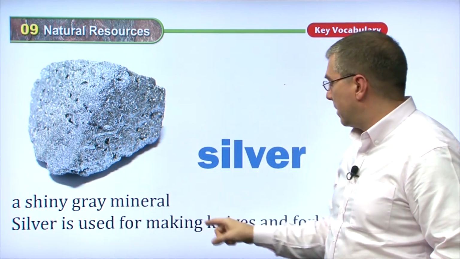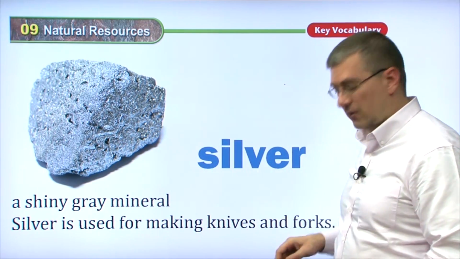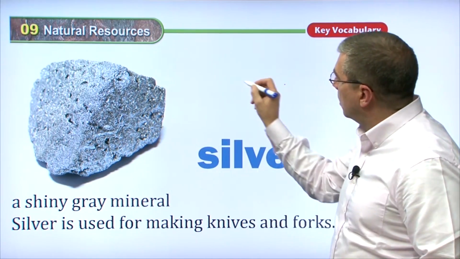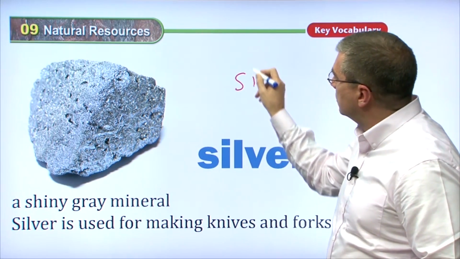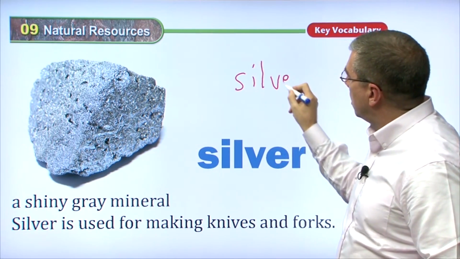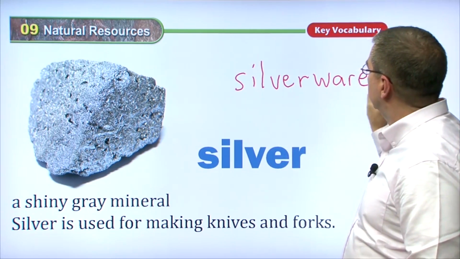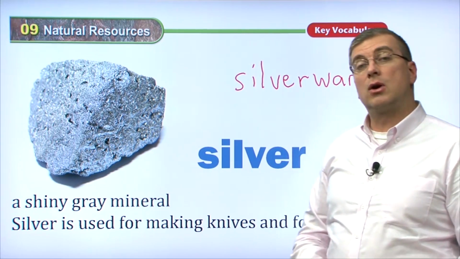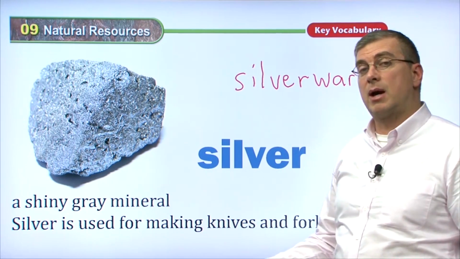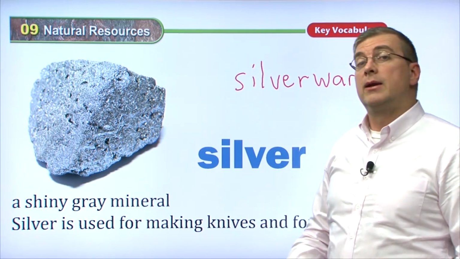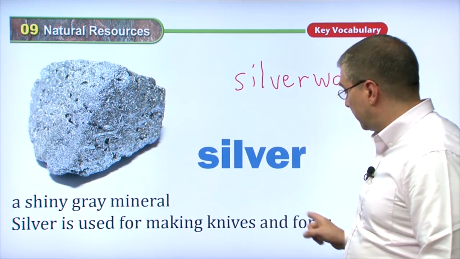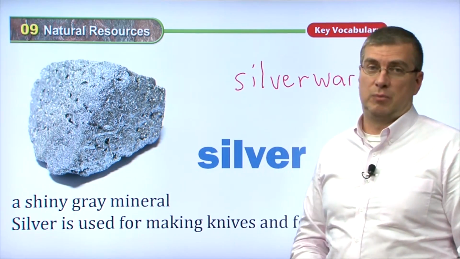Silver is used for making knives and forks. In fact, we have a word in English that we usually use to talk about that, and we call it silverware. Silverware, if you go to somebody's house and they talk about where is the silverware, they're talking about the knives, the forks, and the spoons.